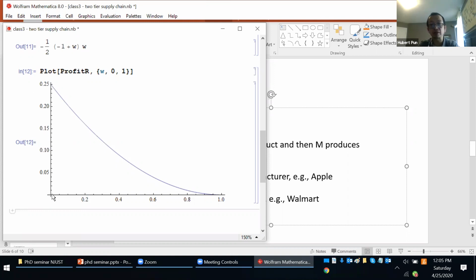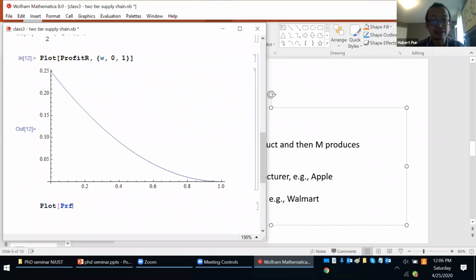You hope that the manufacturer would set a wholesale price equal to 0 or as small as possible. Unfortunately, you do not control the wholesale price. It is the manufacturer that controls it. So even though you hope that the wholesale price equals 0, the manufacturer is not going to do it. Let's look at what is the manufacturer's incentive.